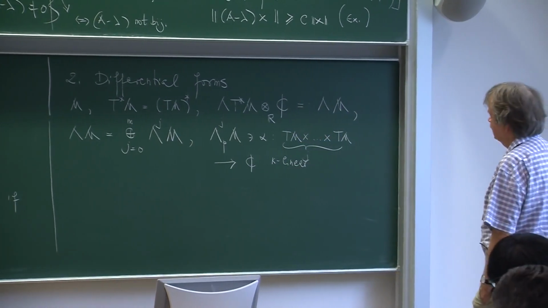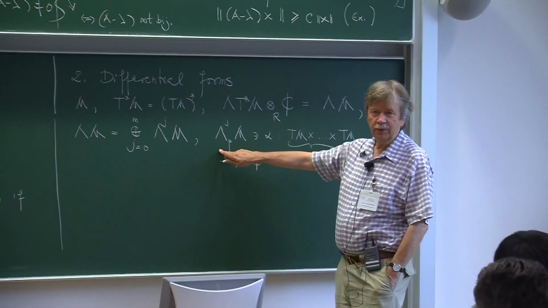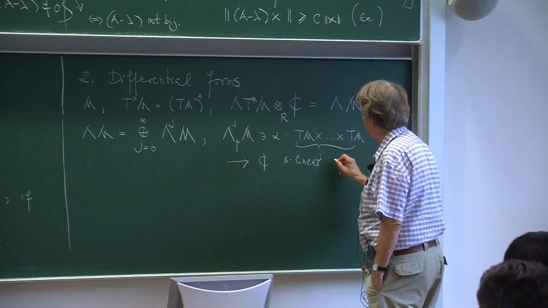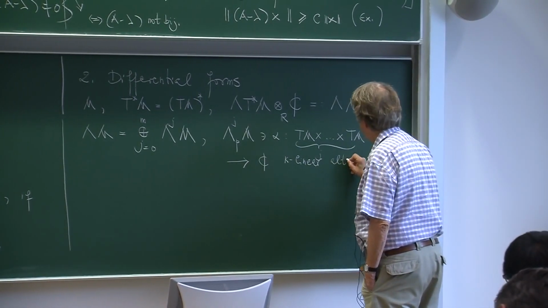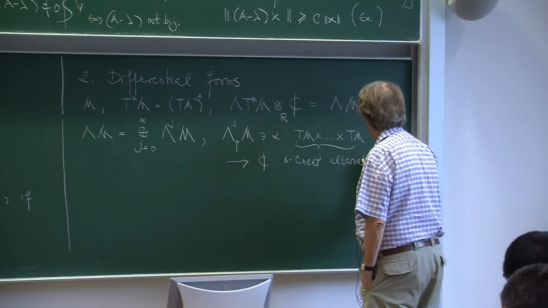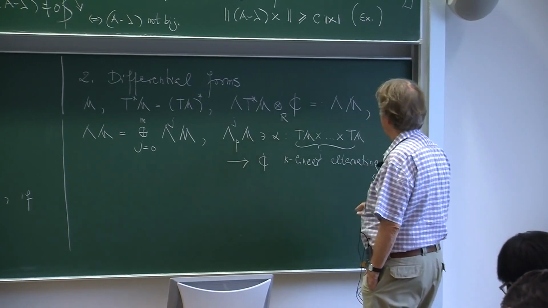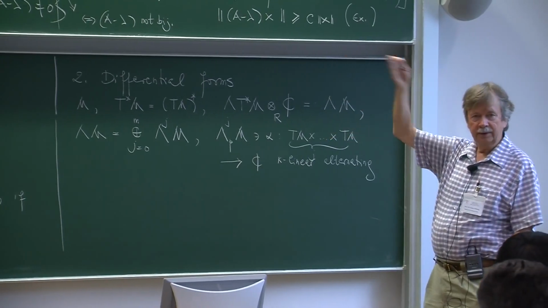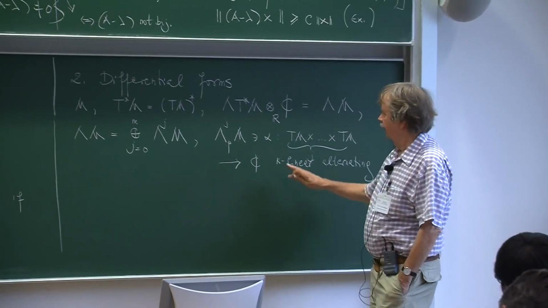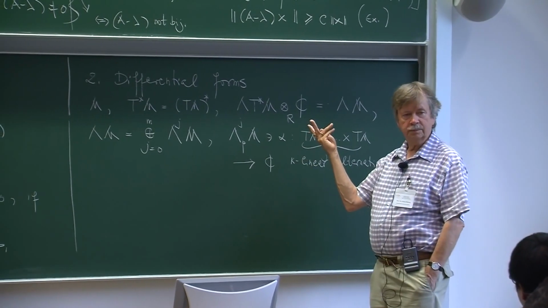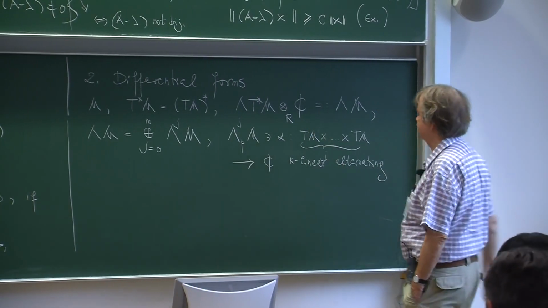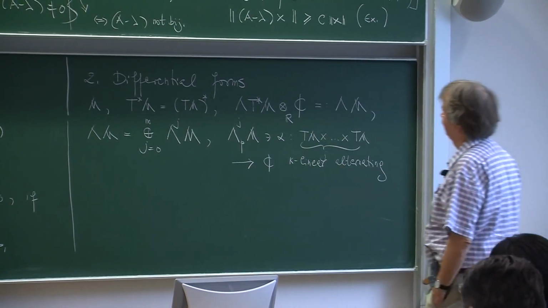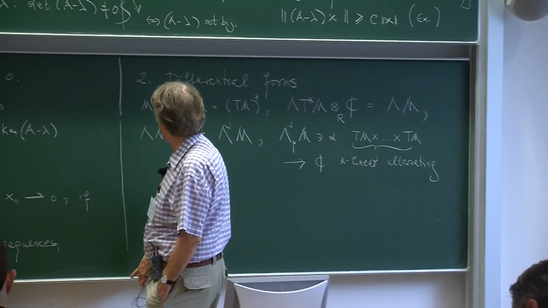But this is not a tensor product, it's an exterior product. So we also want that it is alternating. So if you multiply a tangent vector in there by lambda, you can pull out the lambda. And if you interchange two vectors, then you change the sign. Okay, that's very simple.